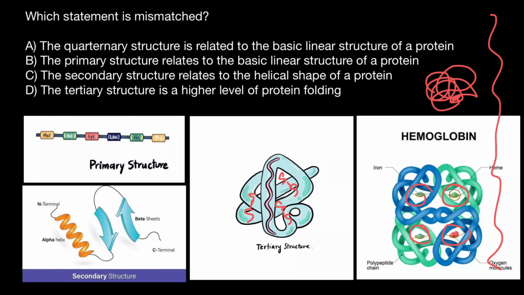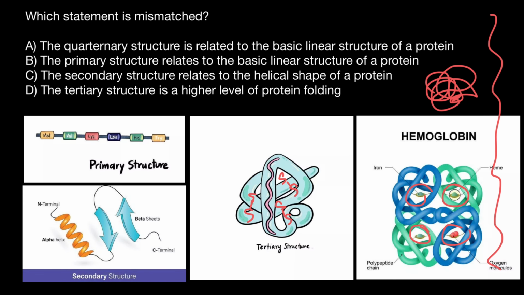Examples of the fibrous proteins include collagen, which is found in bones, muscle, and skin. Another example would be keratin, the material that makes up hair, nails, and feathers. One more time, these two groups are non-functional and these two groups are functional.